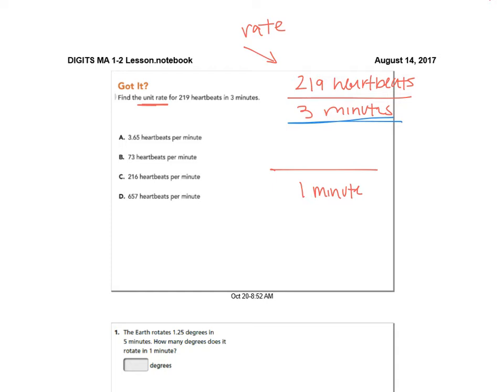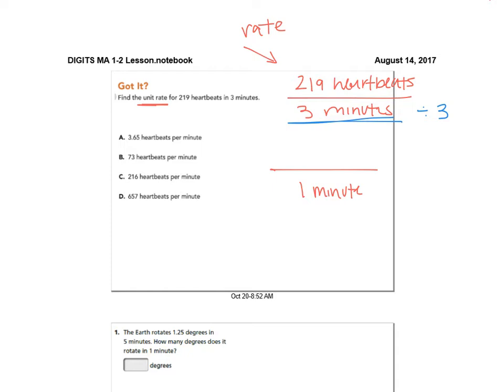So since it's minutes, it's going to be per 1 minute. So now, to get from 3 to 1, we had to divide by 3. So 3 minutes divided by 3 gives us our 1 minute, because any number divided by itself always gives us 1.